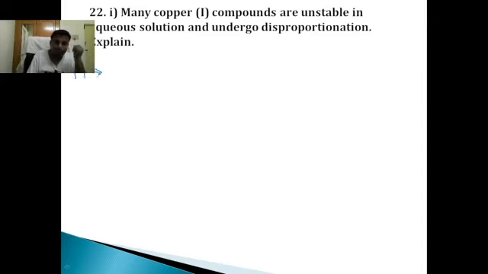Let me quote the answer for this question. Copper 1 means cuprous, isn't it?